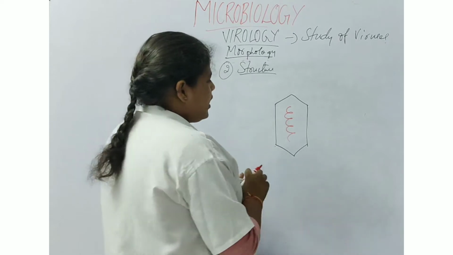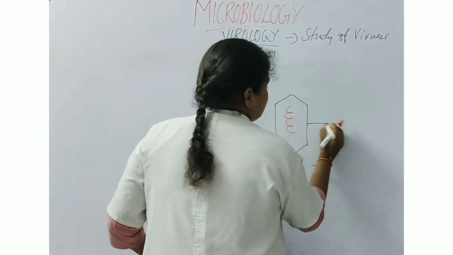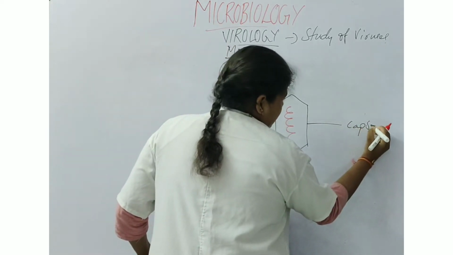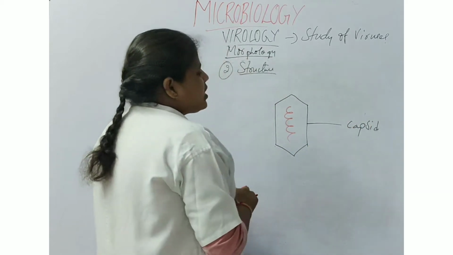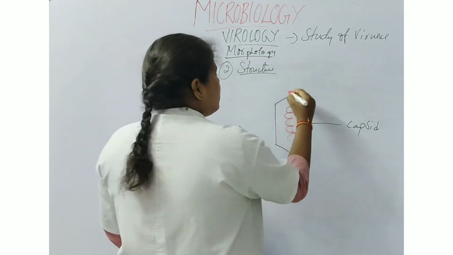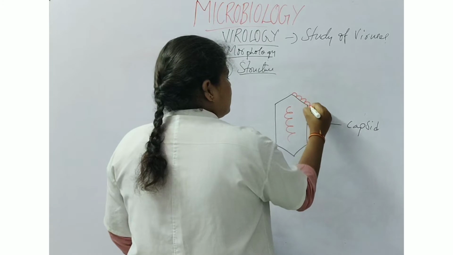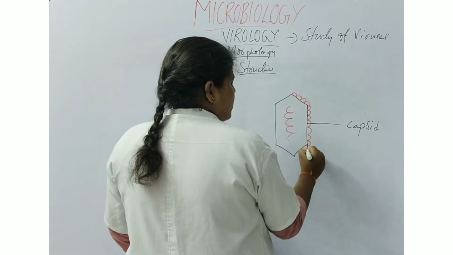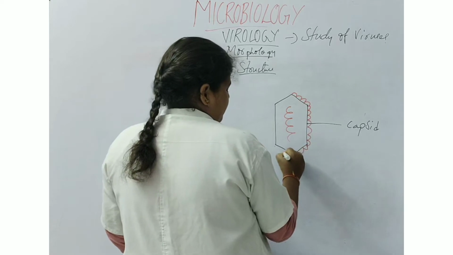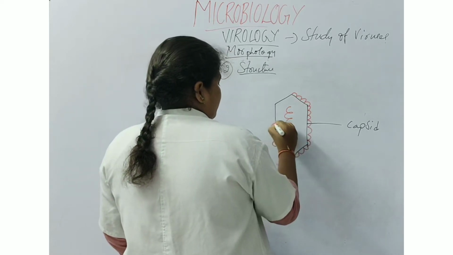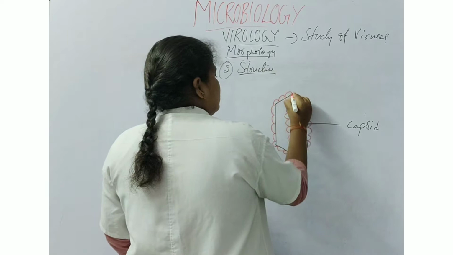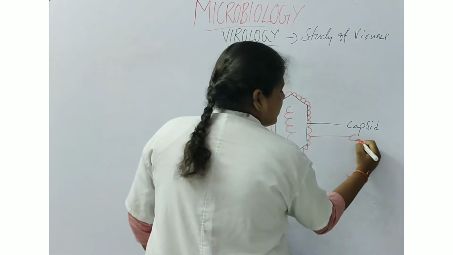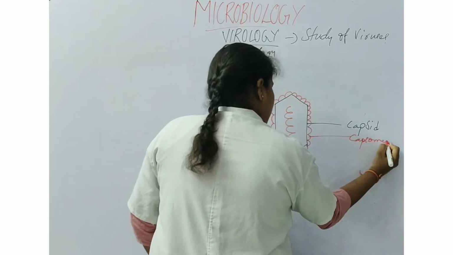This layer is called the capsid. The capsid contains small polypeptides or proteins known as capsomeres. These small subunits are called capsomeres.